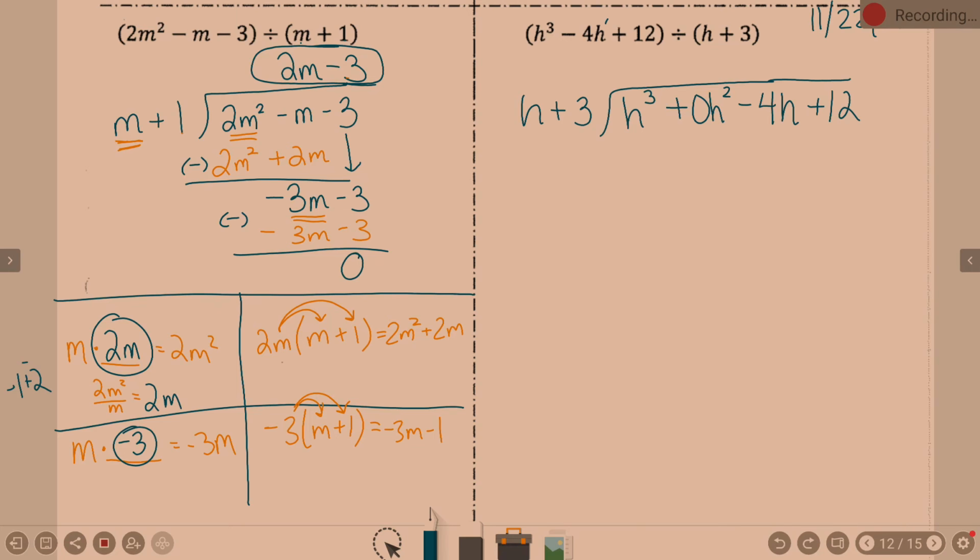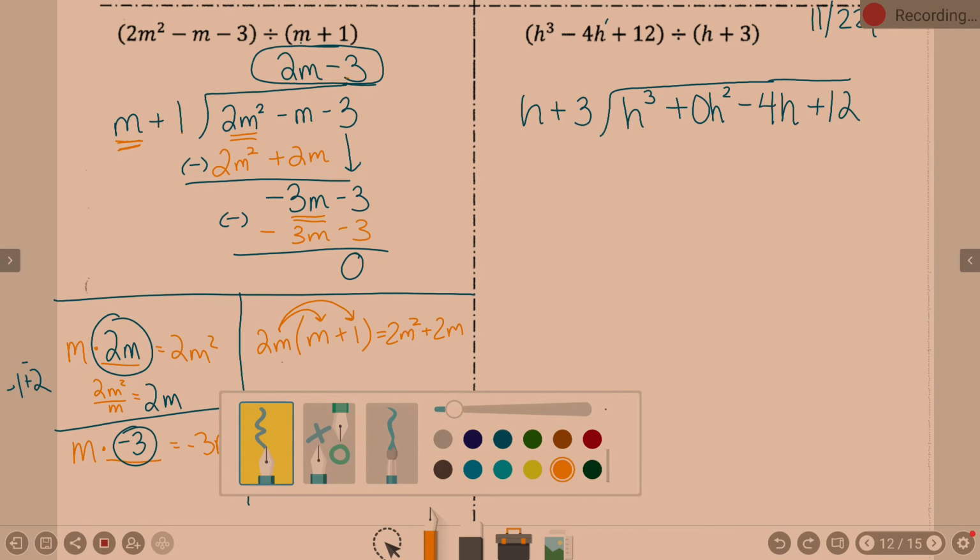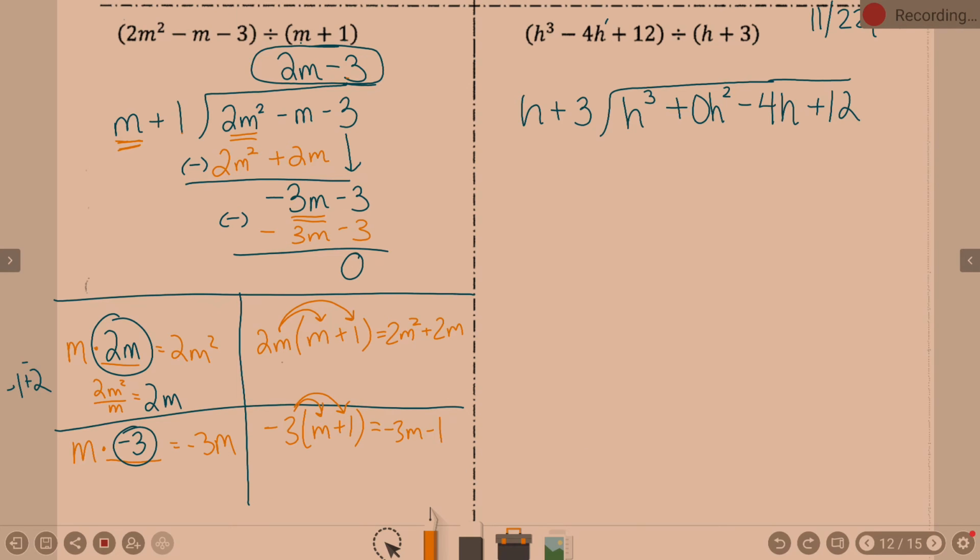Okay? So first thing I'm going to ask, how many times does h plus 3, or even just h, go into h to the third? H times what is h to the third?